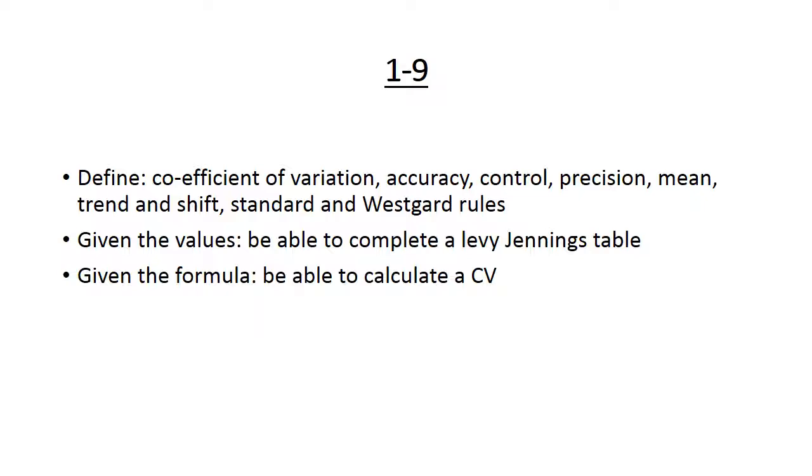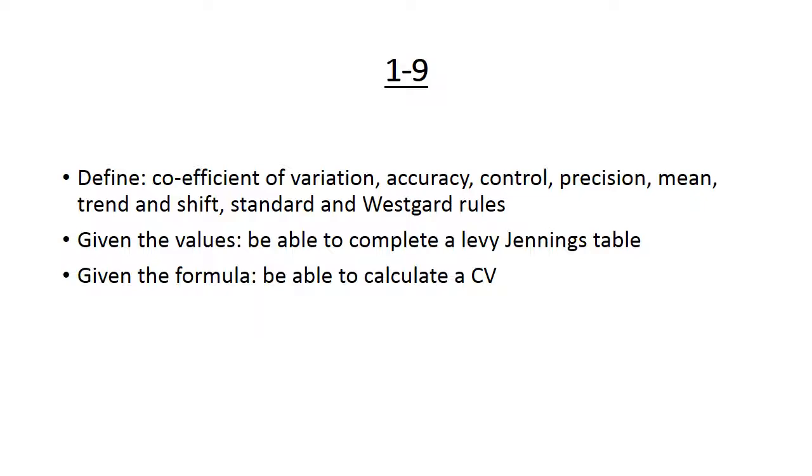We like to use these Levey-Jennings charts rather than just look at a list of numbers because it's easier to identify if a control value is starting to trend or if there's a shift in the controls. I'm not real crazy about the terminology they use for a shift or a trend.